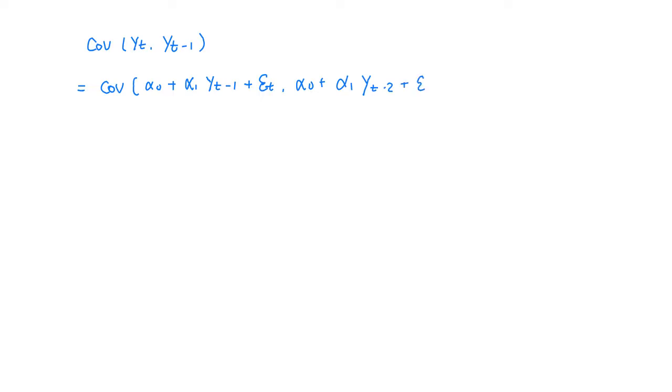Covariance of yt minus 1, and covariance of alpha naught plus alpha 1 yt minus 1 plus epsilon t, alpha naught plus alpha 1 yt minus 2 plus epsilon t minus 1.